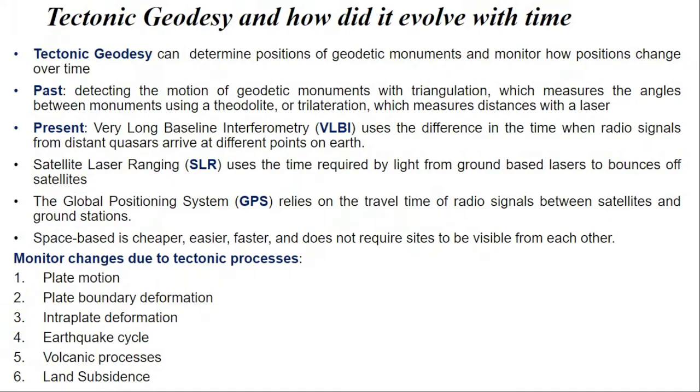What is the difference between this angle-based measurement and VLBI? It uses the difference between the times when radio signals from distant celestial bodies arrive at different points on Earth.